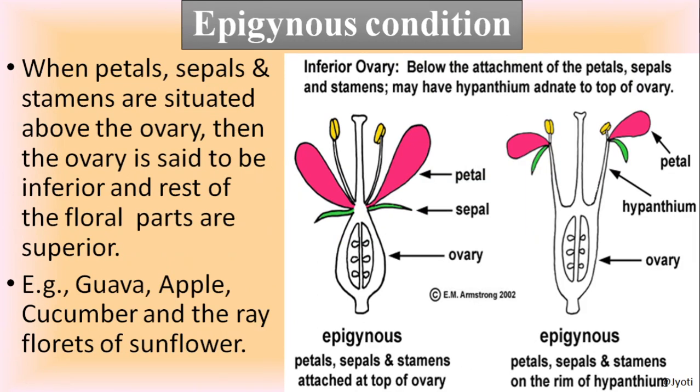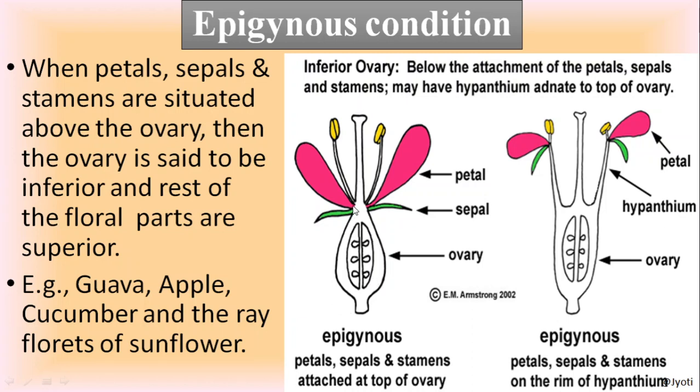The next is epigynous. Epi means above the gynosium. That means when the sepal, petal and stamens are present above the ovary. Here you can see the thalamus completely develops up to the top of the ovary, or it completely covers the ovary. The ovary is present inside the thalamus.